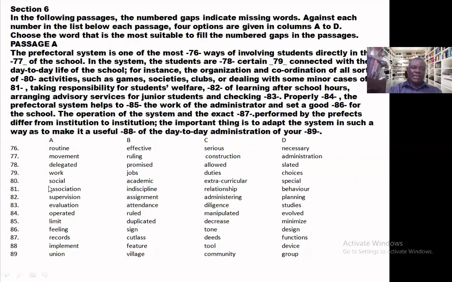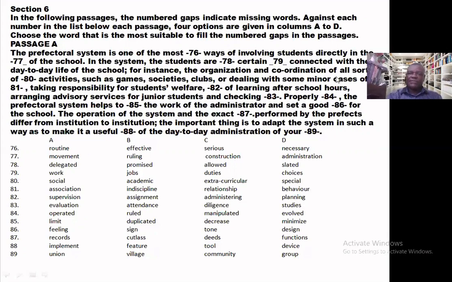Then 81, what do we have among students? Indiscipline, all right? And then 81, and supervision, assignment, administering, planning, okay? Supervision, okay? Let's look at this. And some minor cases of indiscipline.